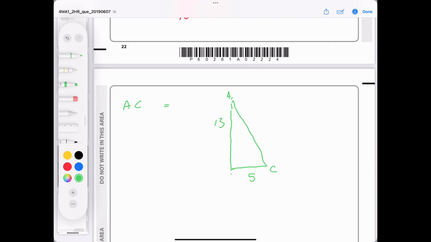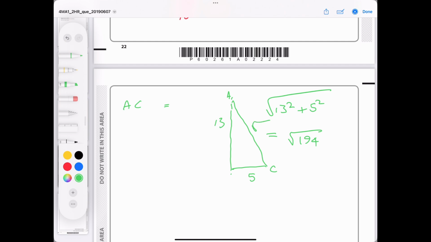And so that would be 13 squared plus 5 squared, all rooted, which is, let's find out what the square root of that is. Square root of 13 squared plus 5 squared equals root 194.